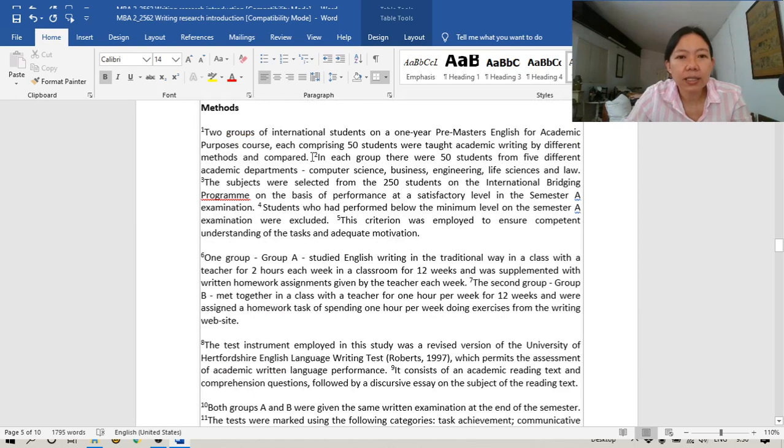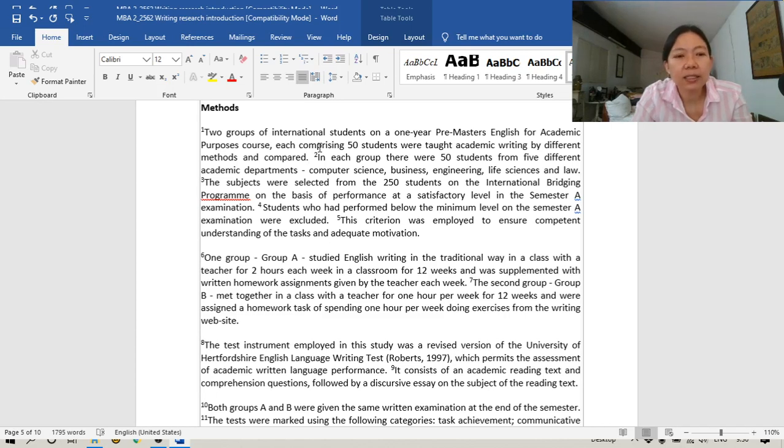The next sentence, in each group, there were 50 students from 5 different academic departments: computer science, business, engineering, life science, and law. So here we talk about research participants or research samples.